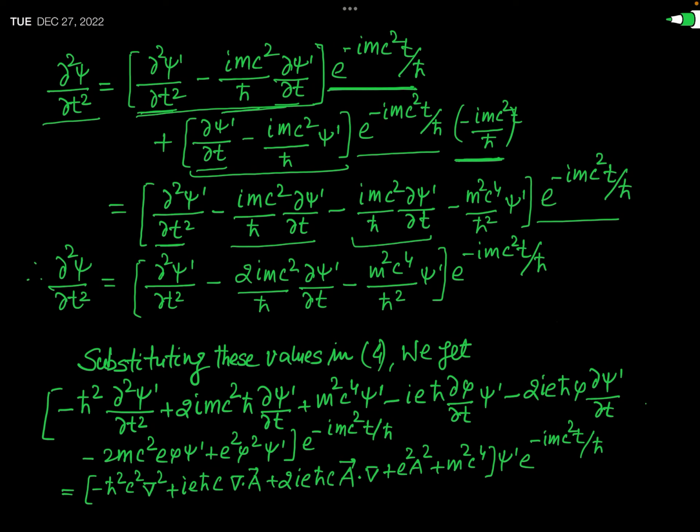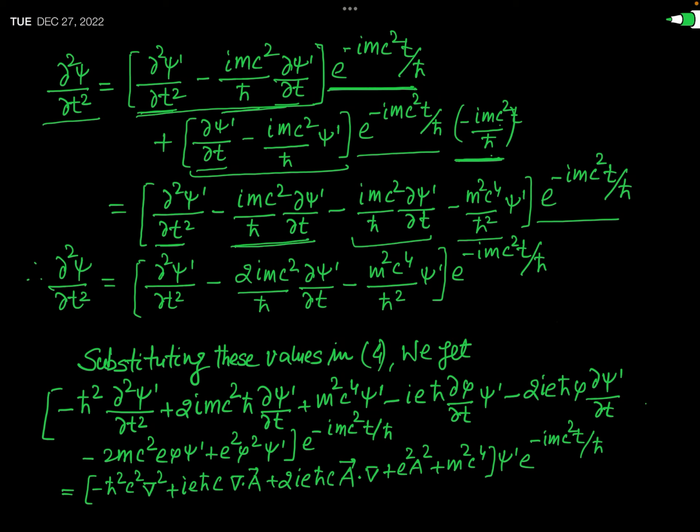When these two are multiplied, this minus will become plus, but i times i will be i², and that will be again minus. And m times m will be m², c² into c² will be c⁴, ħ times ħ will be ħ², times ψ'.